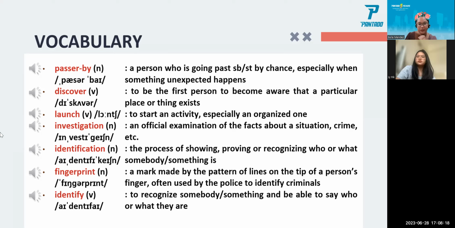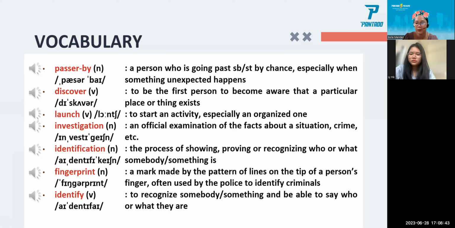Next is the word identify. Please read. To recognize somebody or something and be able to say who or what they are. Yes, when you say identify, that means you are able to know who the person is.